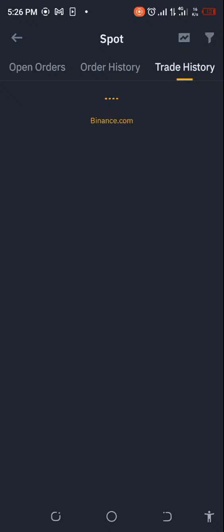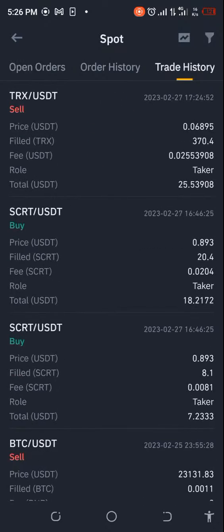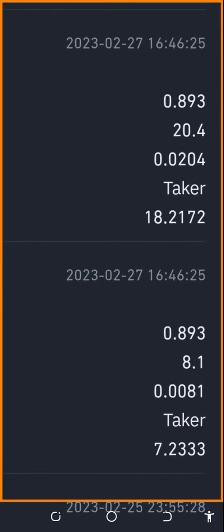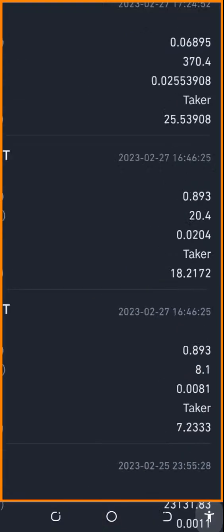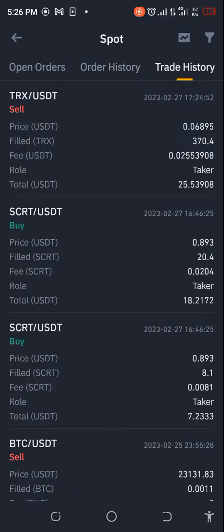It bought in two parts. We have 18.2 and we have 7.2. If you add everything together, that's 25.44, something in that range.